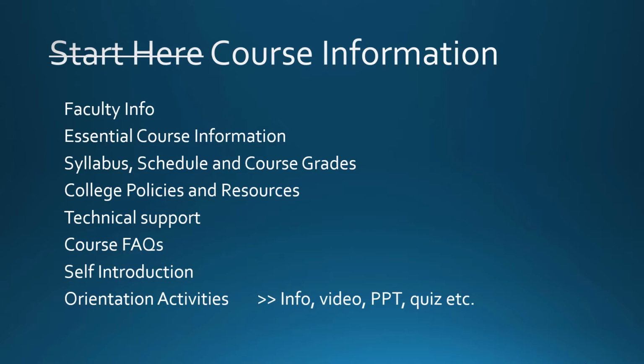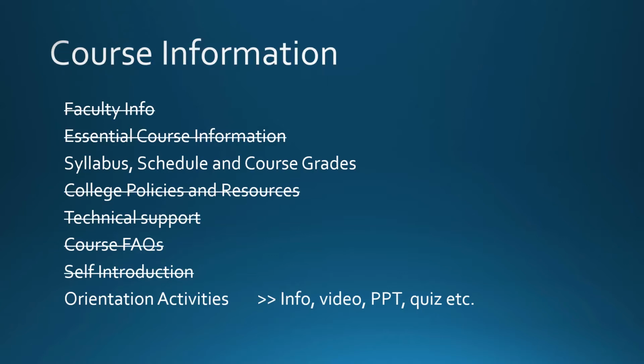But we're going to remove some of this because presumably you've already done a number of these things and have them listed in your syllabus. And so again, we're going to shorten our workload by putting the essential things for the second half of your course. So we're going to do that by removing a few things. In this case, we're going to remove the faculty information folder.